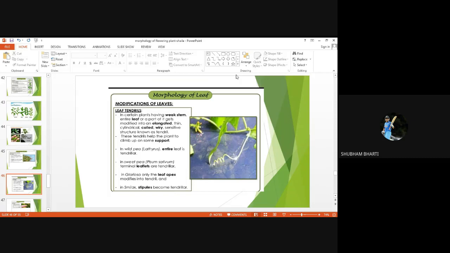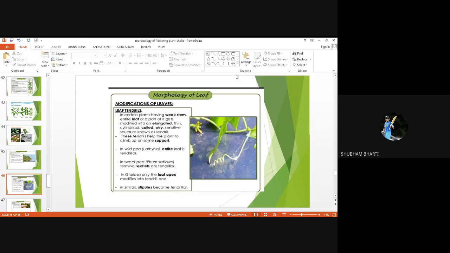The function of tendril is clasping the plant and giving extra support to the plant. In wild pea, the entire leaf is tendril, and in sweet pea, leaflets are tendrils.